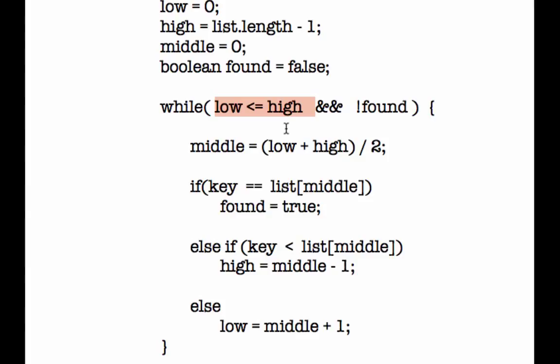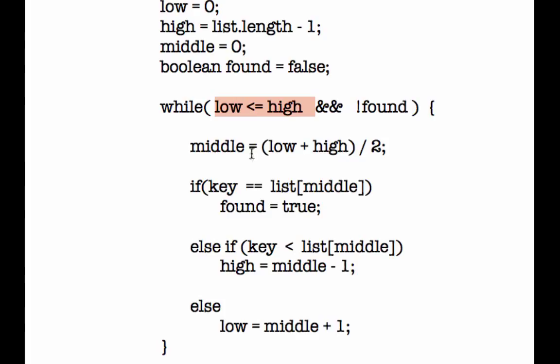There are some spaces that I need to look in. The spaces are getting smaller and smaller because low is increasing and high is decreasing. So, as long as there is a space to look in, I need to do so.